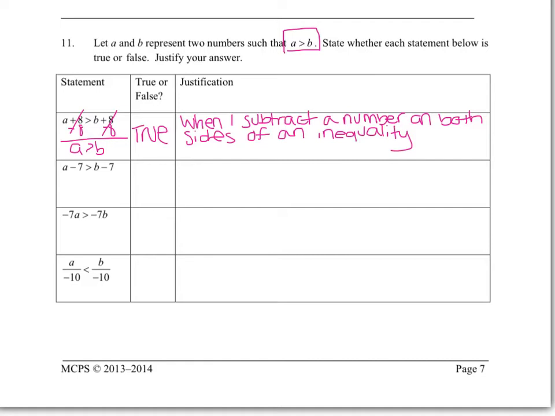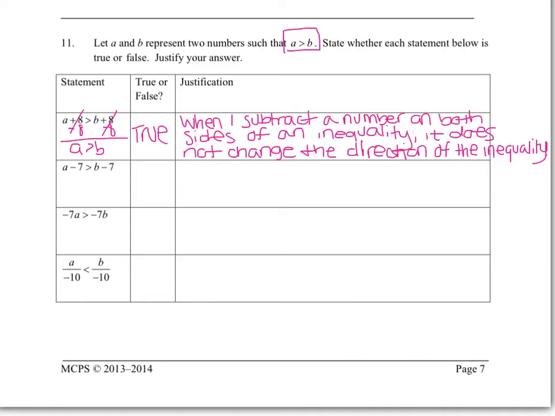So when I subtract a number on both sides of an inequality, it does not change the direction of the inequality. And that is a good enough justification for this.